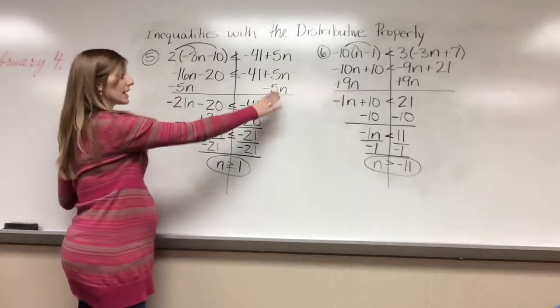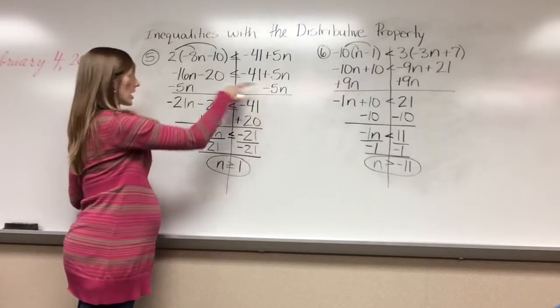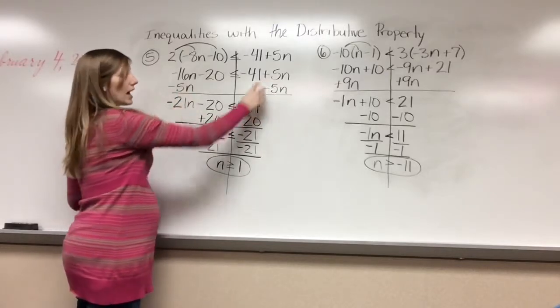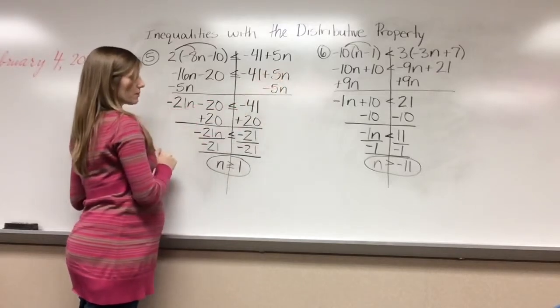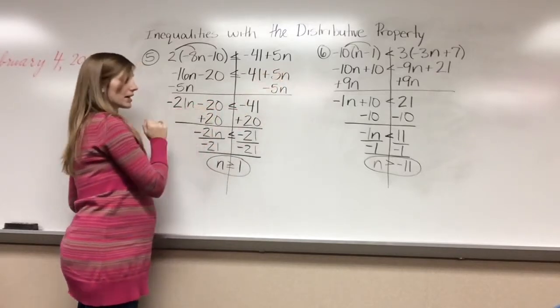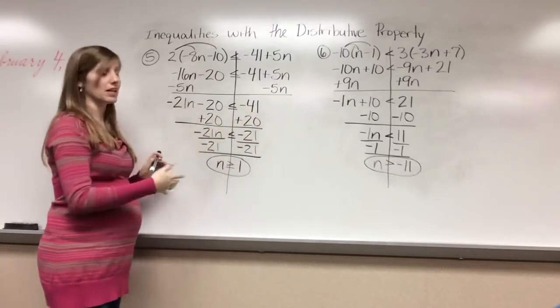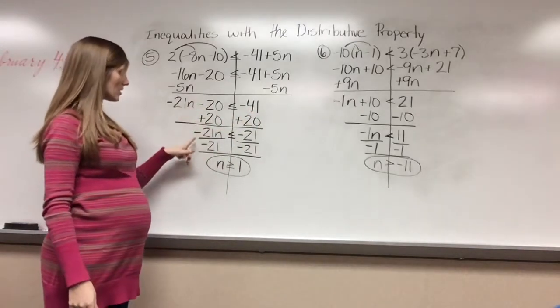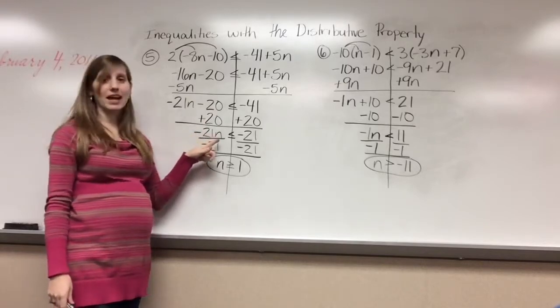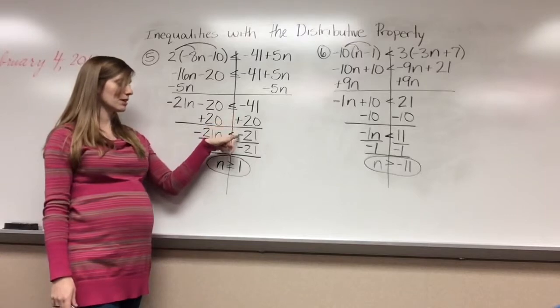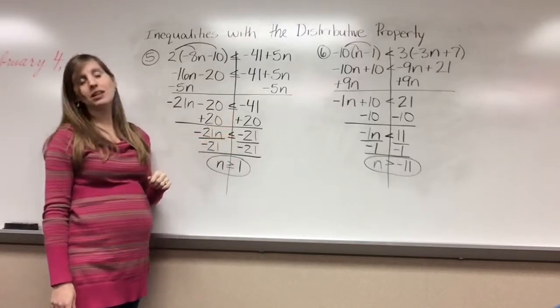At that point, I canceled out the plus 5n by subtracting it to both sides. That gave me negative 21n, and it canceled out my 5n's here. And then I canceled out the minus 20, so I got my numbers on the right-hand side. So I added 20 to both sides. My 20's canceled. I was left with negative 21n is less than or equal to negative 41 plus 20 is also negative 21.